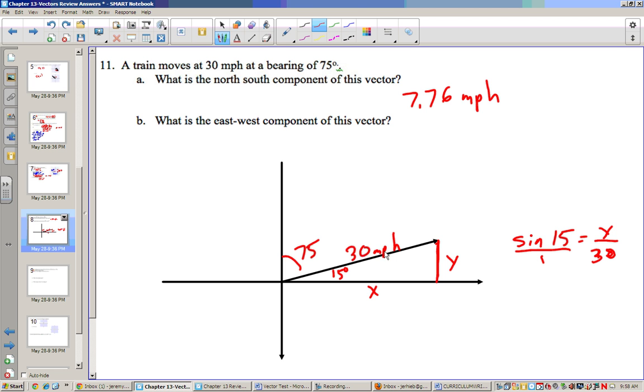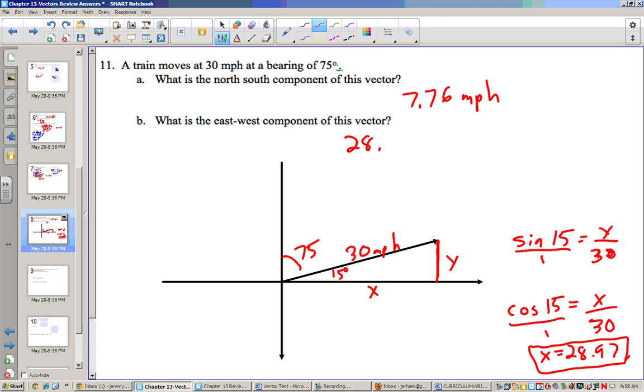This is adjacent over hypotenuse. So that's the cosine of my angle, which is 15 degrees, is equal to my x value over 30. So cross multiply there. 30 times the cosine of 15 is 28.97. And so this is 28.97 miles per hour. All right, and that's the end of page 3.